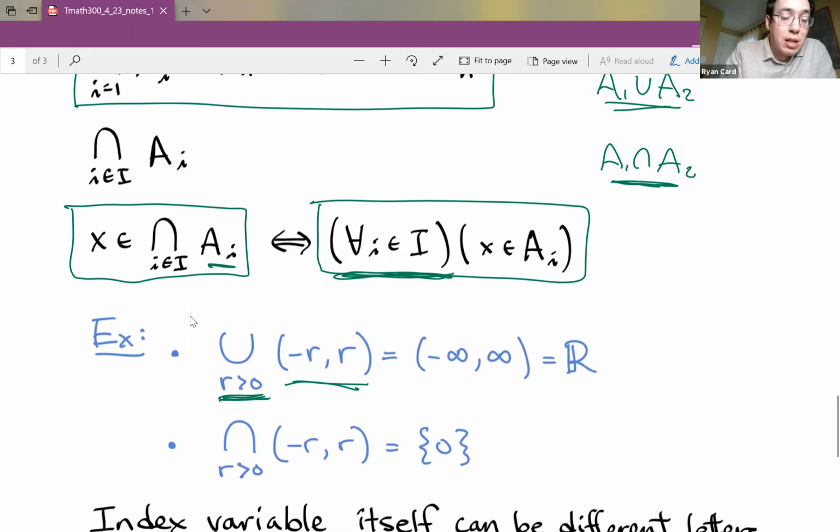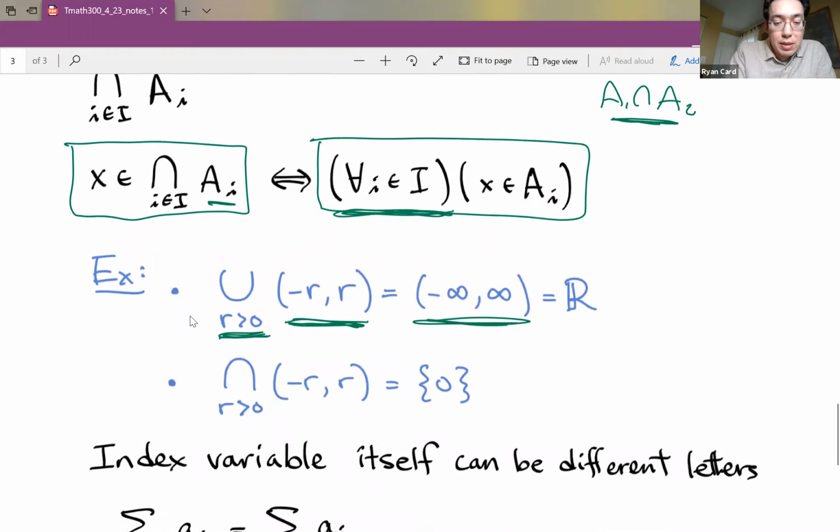So for any number x, if you can find a bigger number such that x belongs to that interval, then it's in it. And all real numbers would be in it. So this infinite union is equivalent to the entire real number set. I hope that made sense.